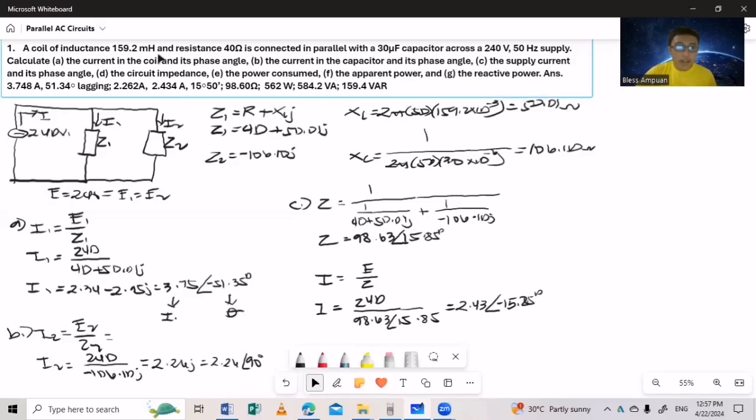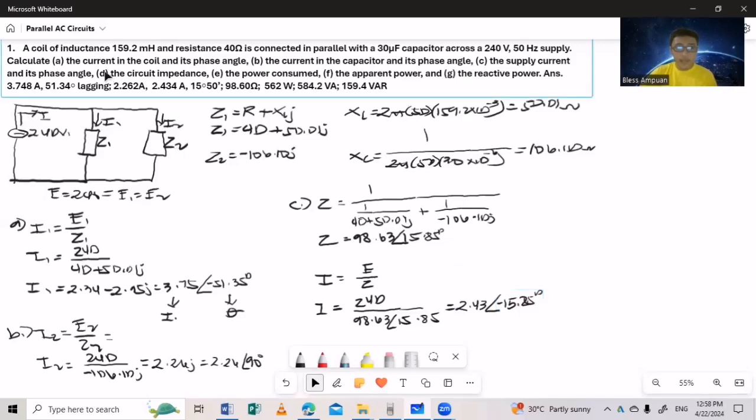For letter C, our supply current is 2.43 ampere, and its phase angle is negative 15.85 degrees. The negative indicates that the entire circuit is lagging, since our total current angle is negative.